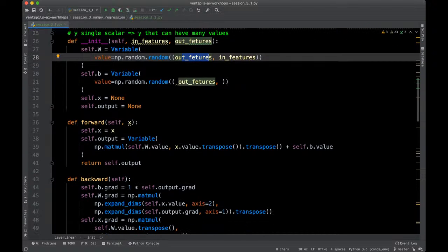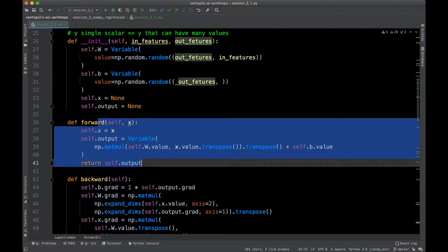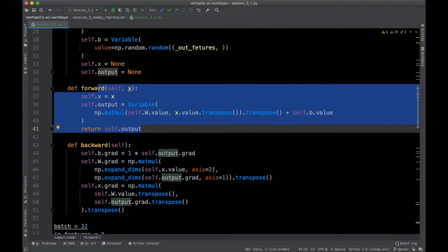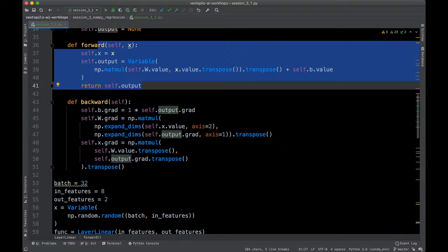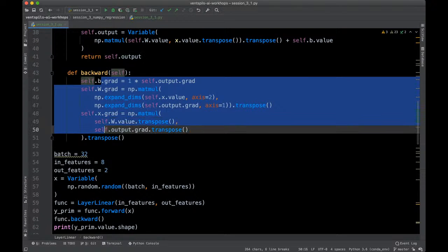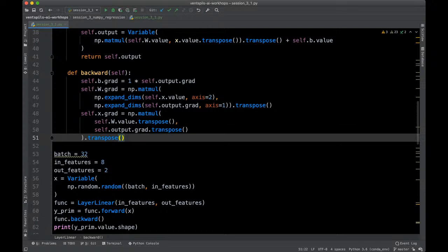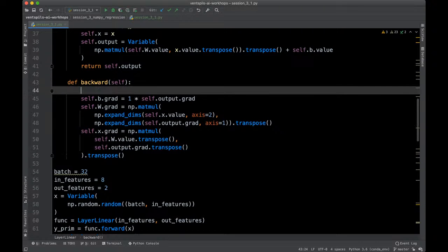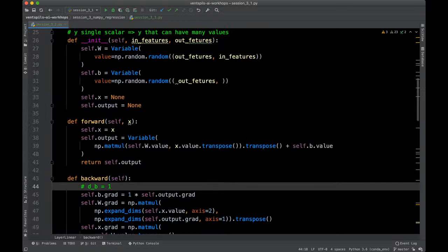So the forward is here, that is good. The backward is here. So these are already the derivatives. Maybe I can rewrite it. So here the dB, this is 1 basically with regards to the equation up here, right?